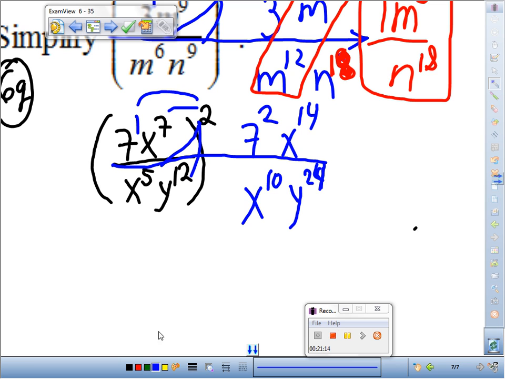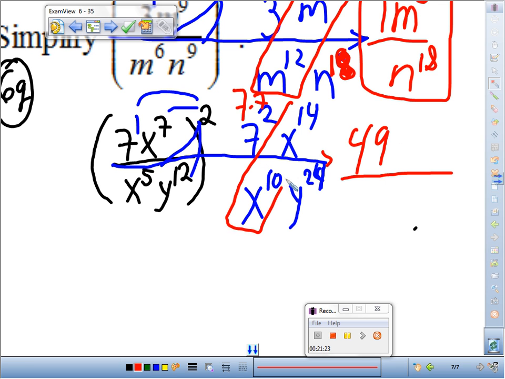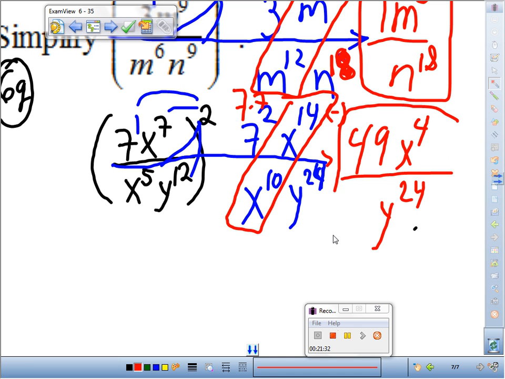So far so good? From there, this became 7 times 7, which is 49. You boxed these. You wrote a subtraction because we're going to subtract the exponents, so this became x to the 4th, and the y to the 24th stays on the denominator, and we're done. Hands up if you got that.